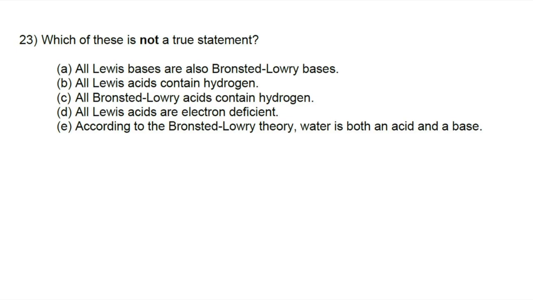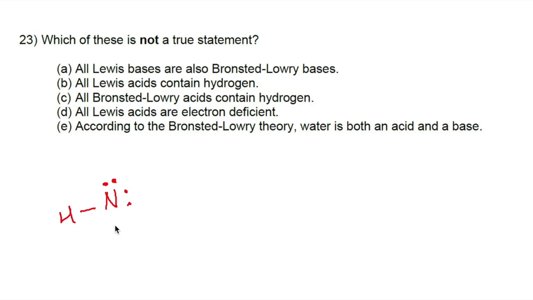In question 23, we're being asked which one of these is not a true statement. The Lewis bases and the Bronsted-Lowry bases are the same because they are all going to be the species that have negative charges.